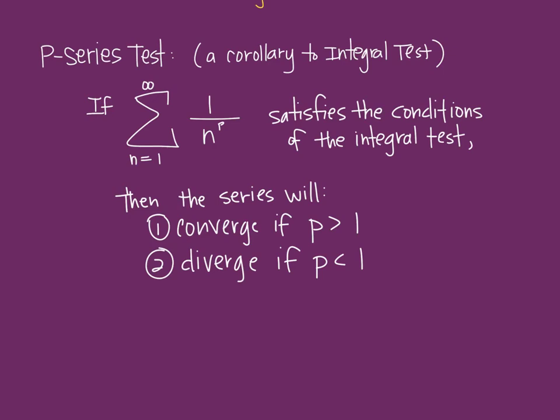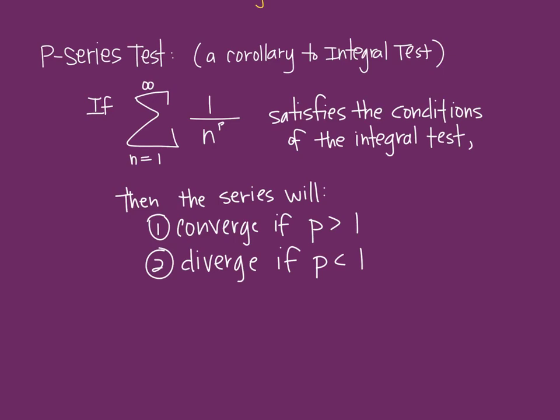So the integral test does work every single time. But you are allowed by the College Board to cite the p-series test, and you can skip the work of the integral test if you notice it in this form. And so we could have cited this for the very first question, according to the p-series test. Because the power in the denominator was greater than 1, it will converge.